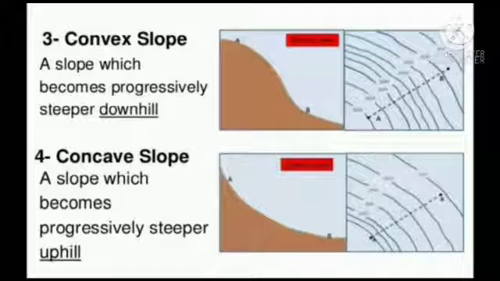On a map, if the contour lines with higher values are close to one another and those with low values move far away from one another, it indicates a concave slope.